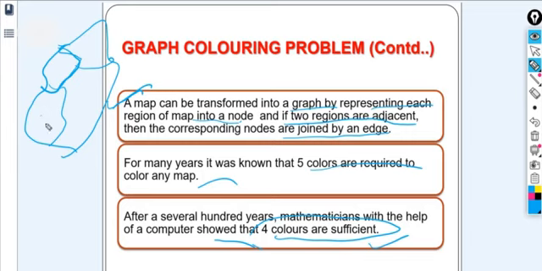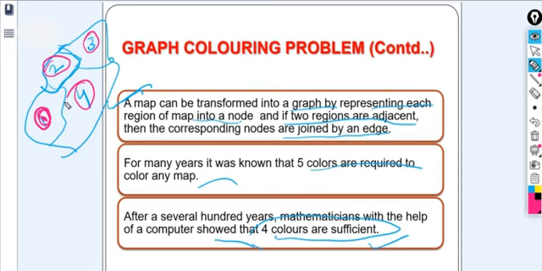I have drawn this: this one is region 1, this one is region 2, region 3, region 4. I hope it is clear. I'm changing the color to give clarity. Now this region marked 1 is a node, this is also a node, this is also a node, and this is also a node. We have taken these 4 regions as nodes, right? Now we have to connect them.